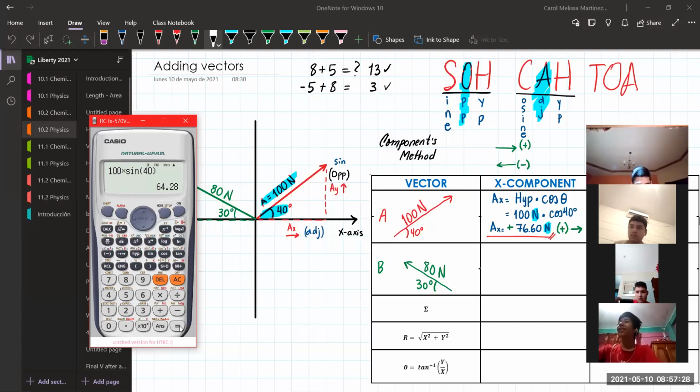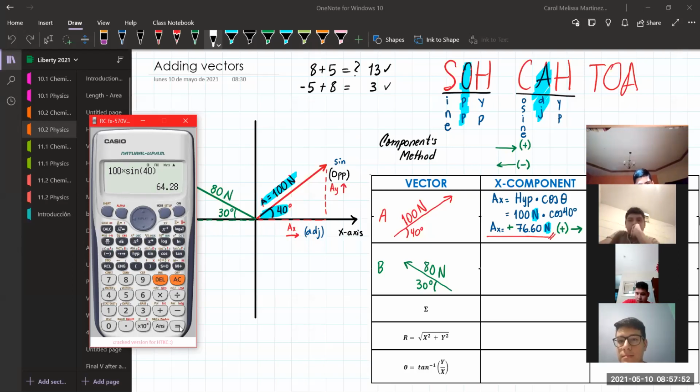Now, let's analyze where it's going. We already did it before, okay? But where is this component going? Is it going up or down? Up. Because it's going up, we're going to put the direction over there.